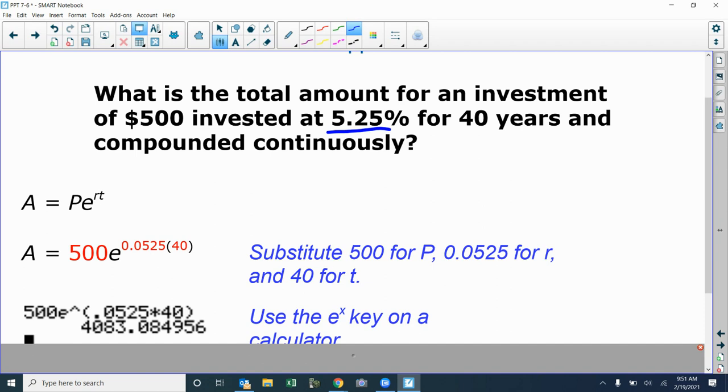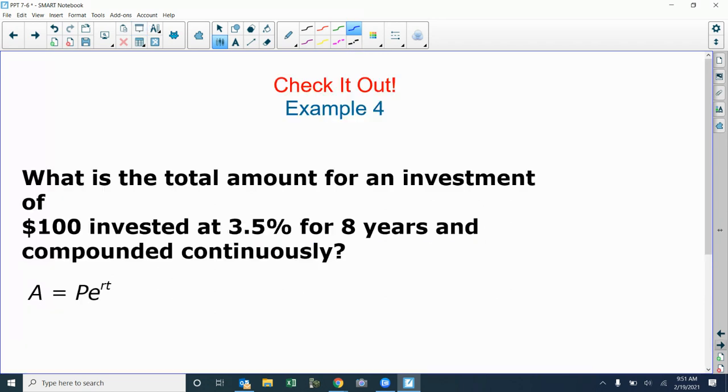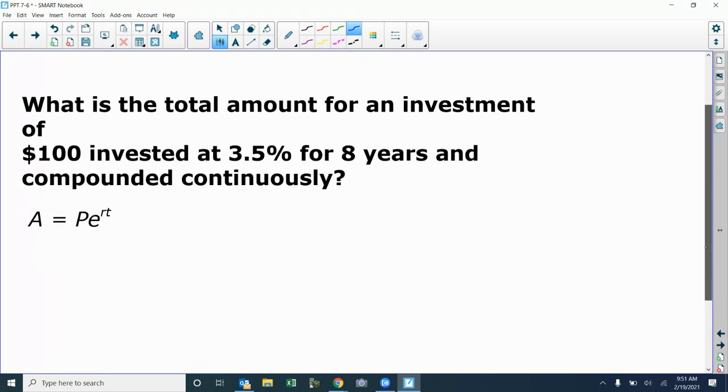That's 40 years though. That's a lifetime. That's a generation anyway. So you can get $4,083.08. Good. One more of those. $100.